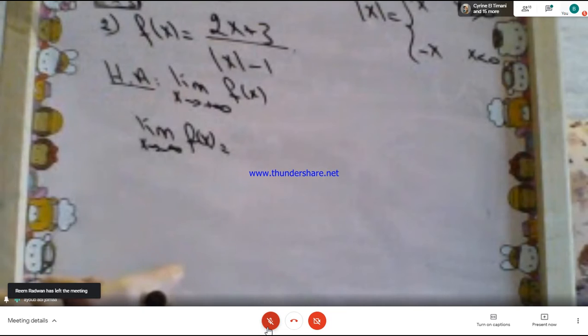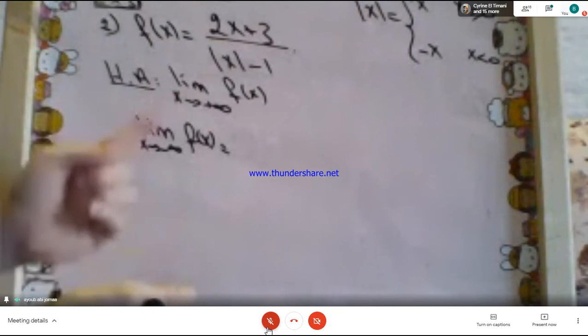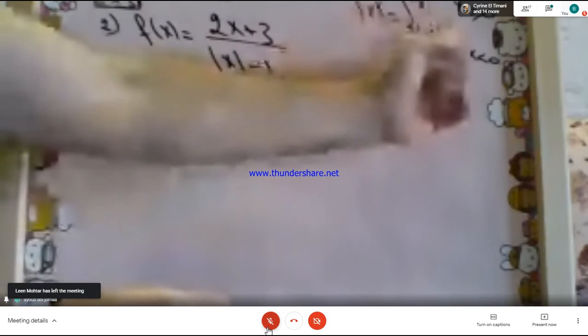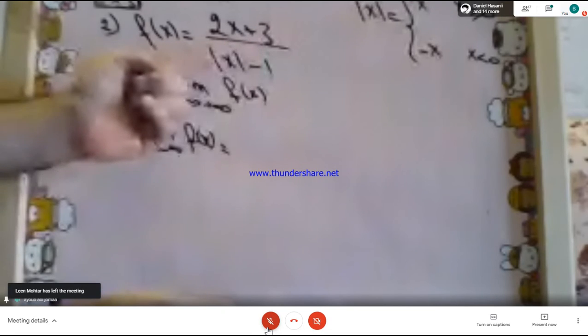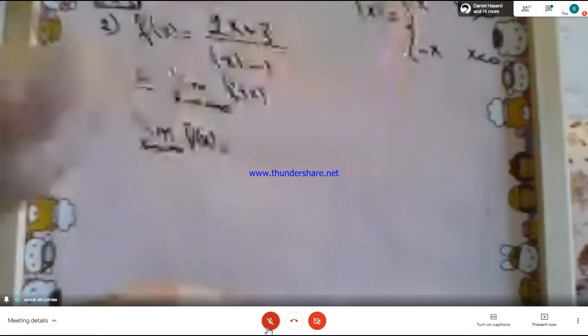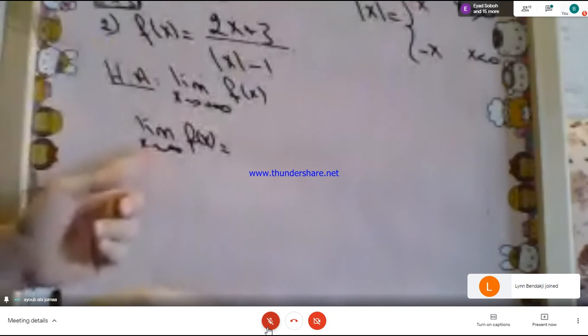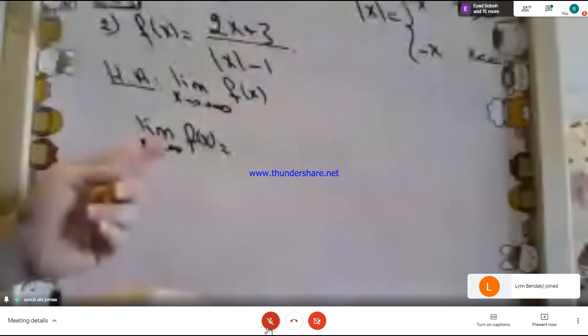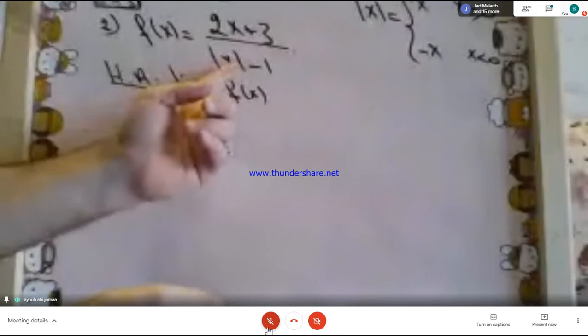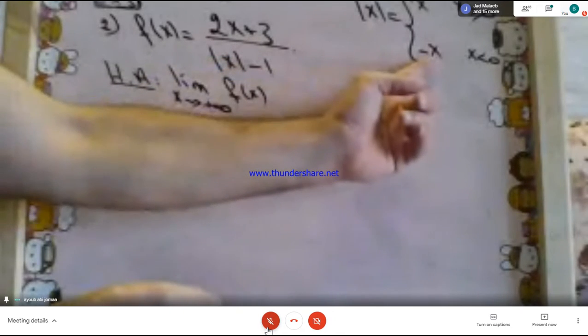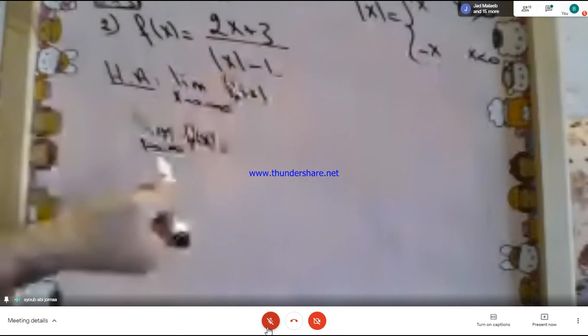You have to find each one separately. For one reason: at positive infinity it means that x is greater than 0, so you are going to replace absolute value of x by x. When x approaches negative infinity, it means that x is negative, so we are going to replace absolute value of x by negative x.